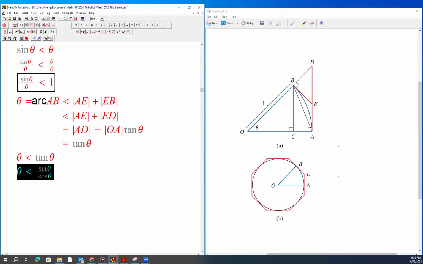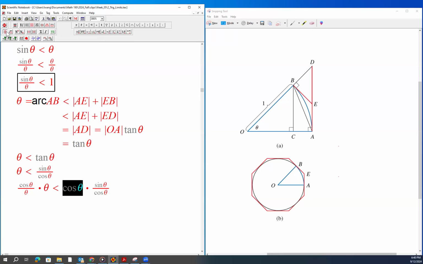Basically, in this relationship, we're going to multiply both sides by a positive number, cosine theta, and divide both sides by theta.